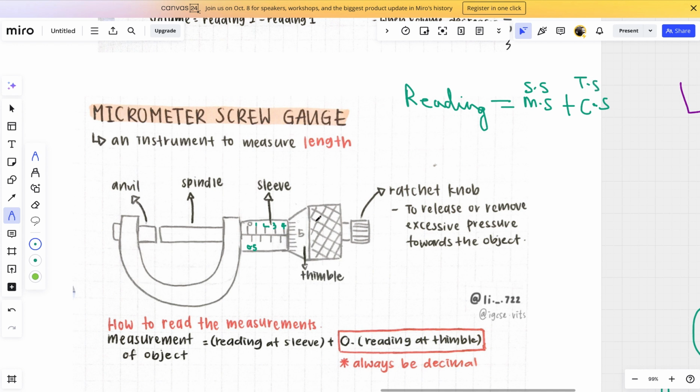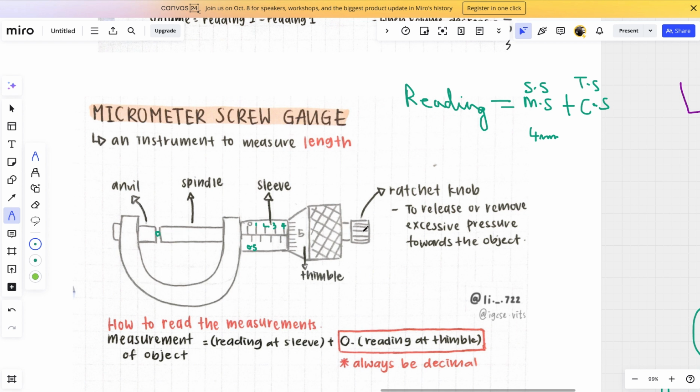So what do we get here in the main scale? 4 millimeter. And how to use it? You put the object you want to measure here. It is used for measuring the diameter of very tiny objects. Then you use this ratchet knob to close it, to fix the spindle and the anvil so they hold the object tight.